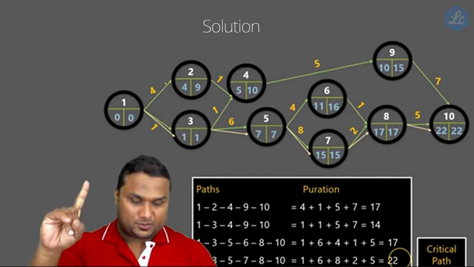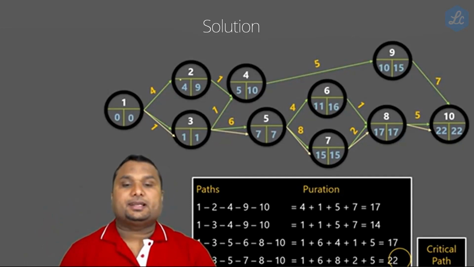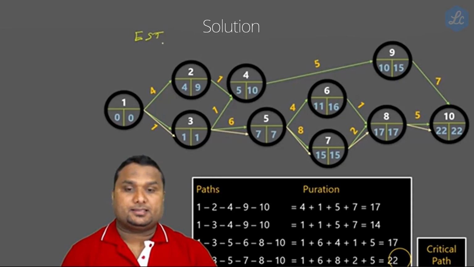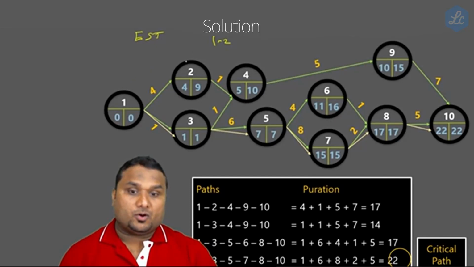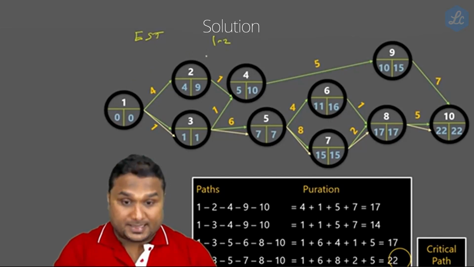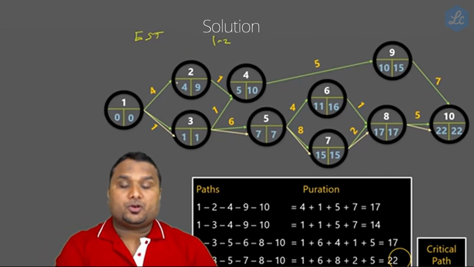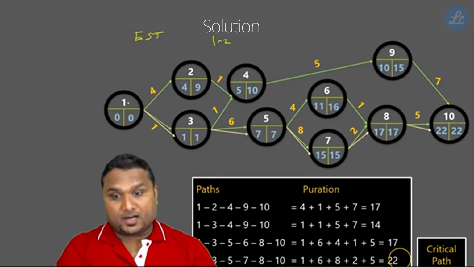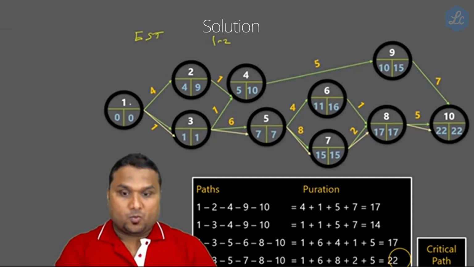Whenever you get a question to compute the earliest starting time, first tell me the starting point of 1 to 2. Is it 1 or is it 2? 1 is the starting point and 2 is the ending point.